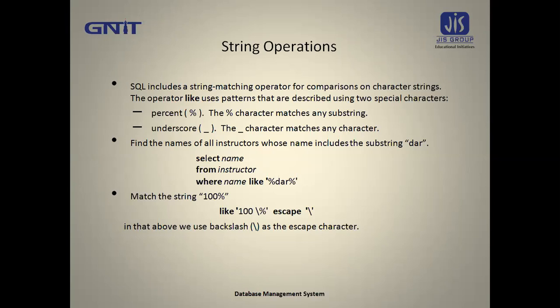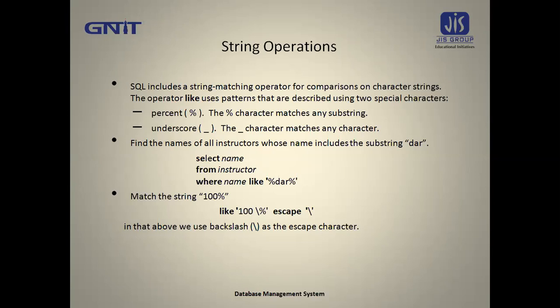So somewhere inside the name, if you have DAR, before DAR you can have something. The first percentage will take care of that, as the percentage character matches any substring. After DAR you can again have some substrings. The second percentage will take care of the latter part of the string.